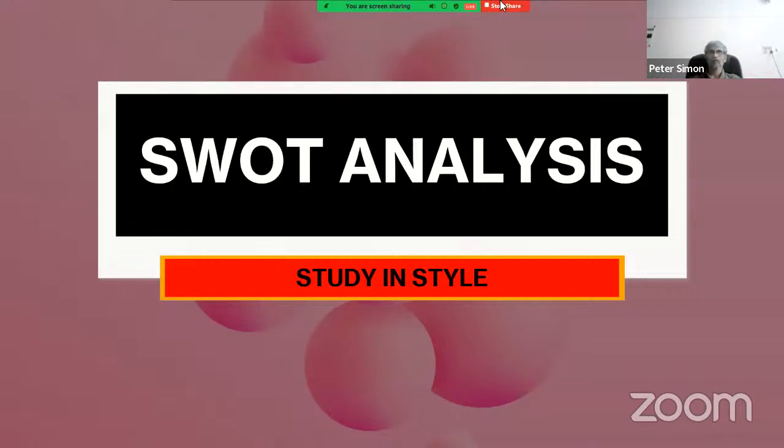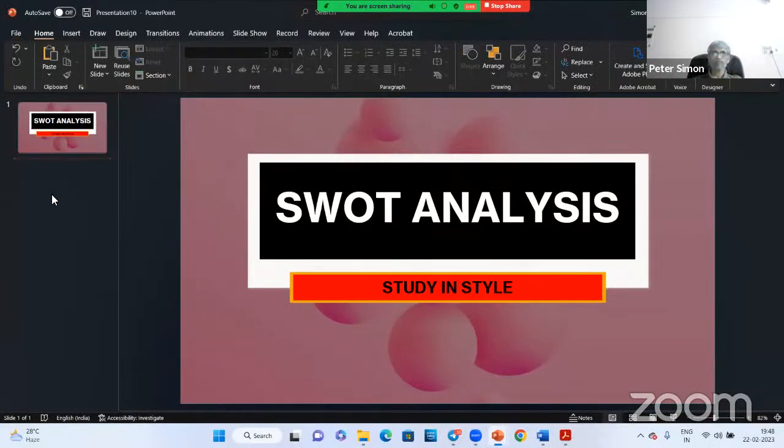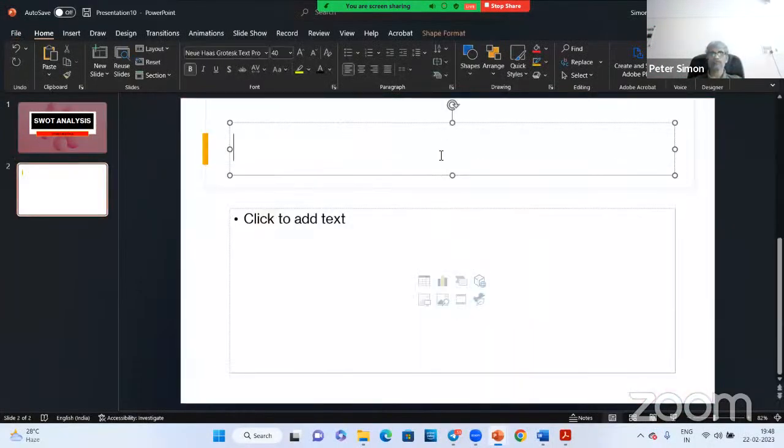Right. So there are four parameters: SWOT analysis.